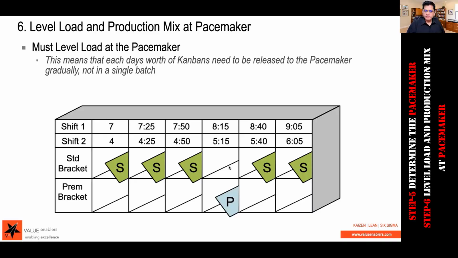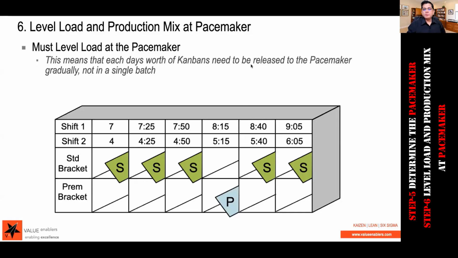Okay, as per this. So it's not one lump saying that the whole day you produce this. Generally, they say, no, today you'll have to produce so much of S and so much of P. Instead of saying that, they say that at 7 o'clock, how much of S should be produced. At 7:25, how much of S should be produced. At 7:50, how much of S should be produced. At 8:15, how much of P has to be produced.